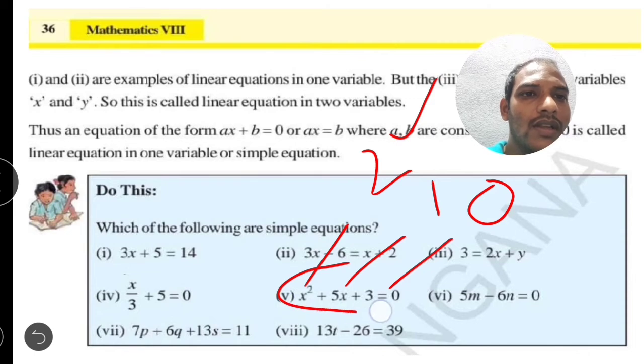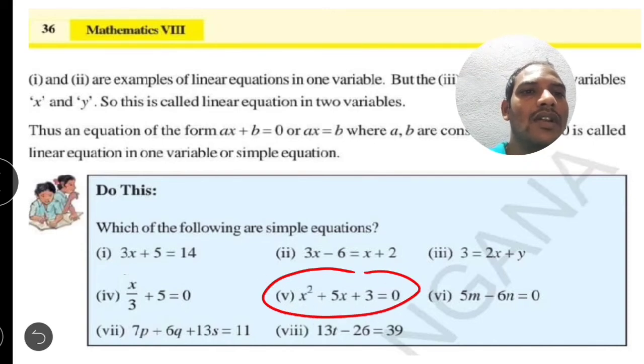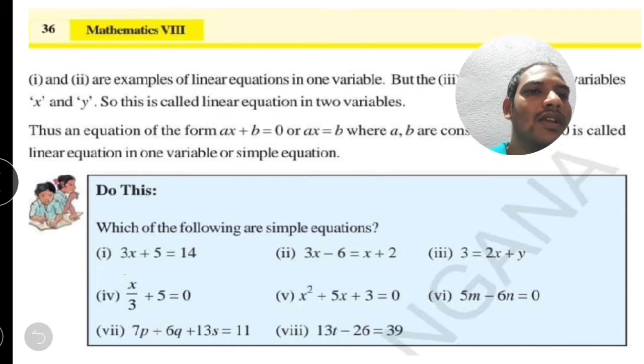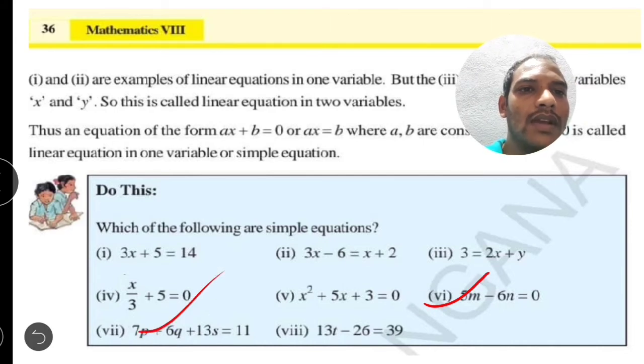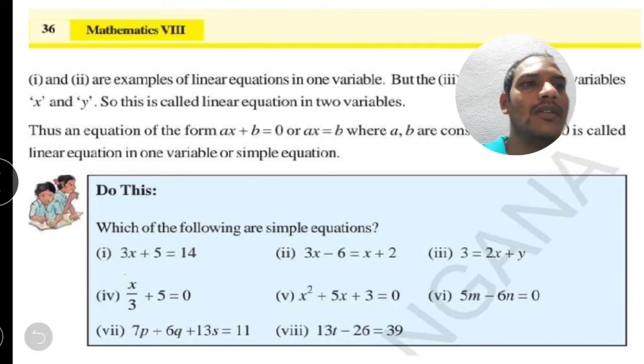So overall the degree of the given equation is 2. So it is not a linear equation. If it is not a linear equation, then we cannot define it as a simple equation. I am giving homework for the 6th problem, 7th problem and 8th problem. Send your answers with reasons to my WhatsApp number.